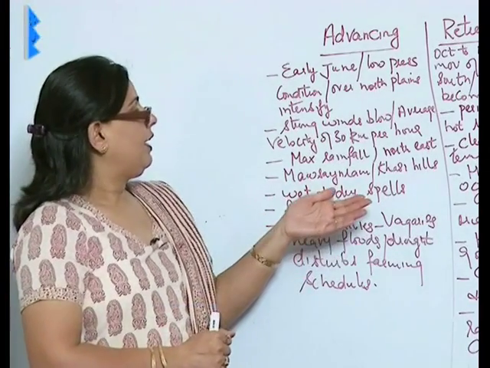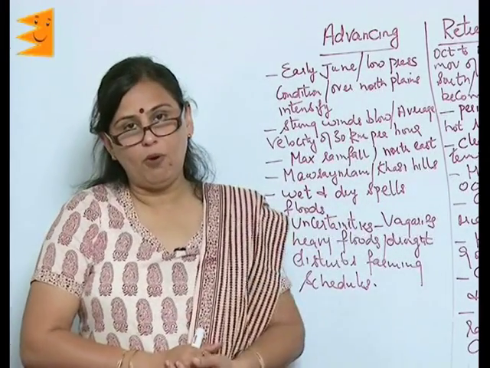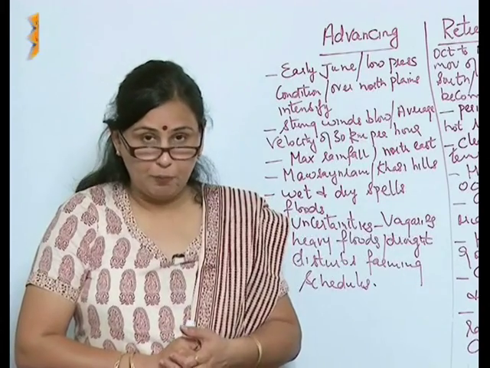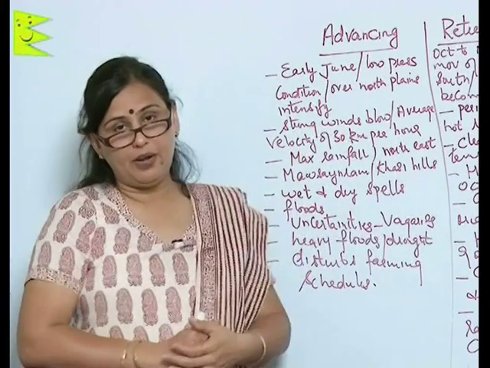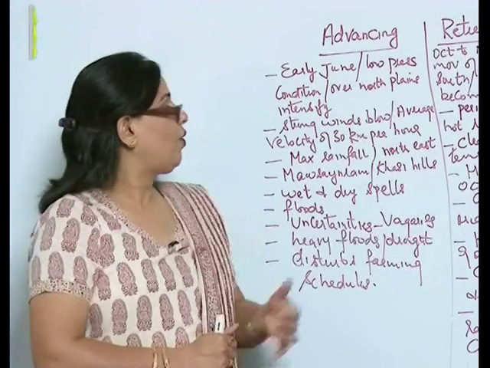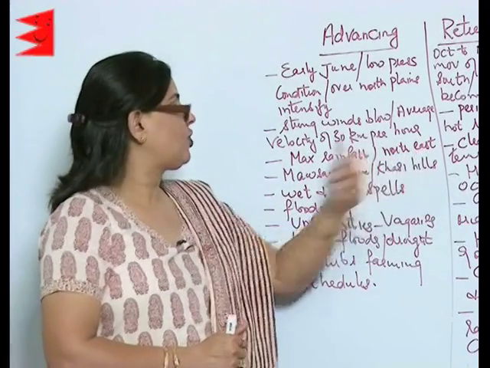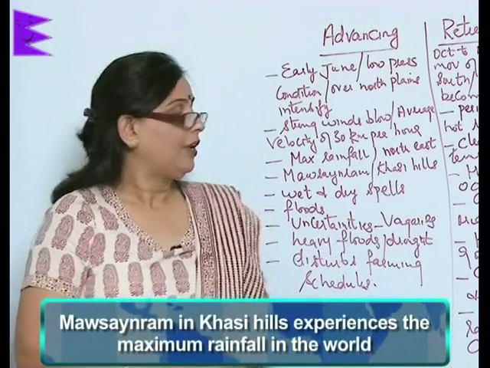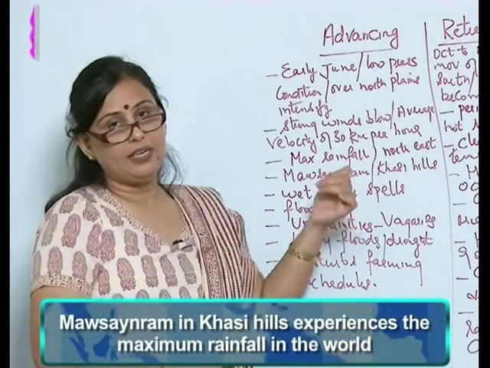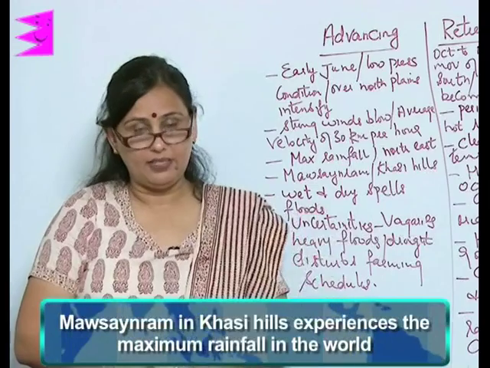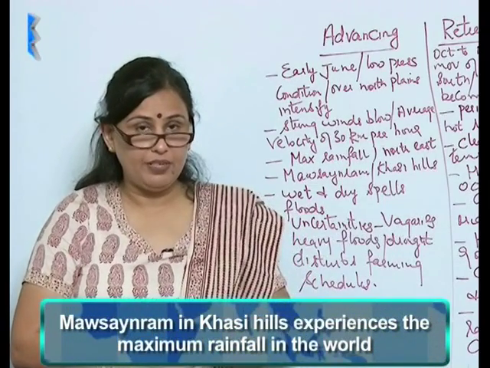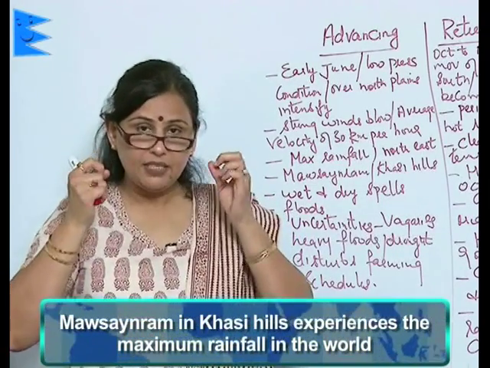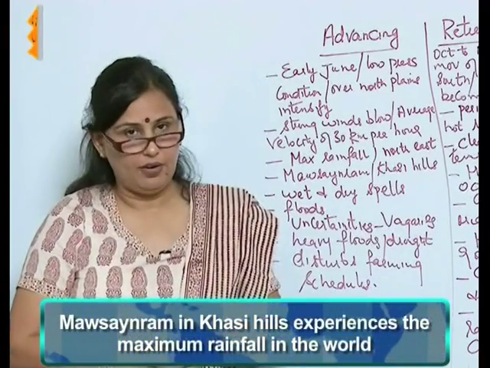Then we see that the maximum rainfall which is experienced during the advancing monsoon is of the northeastern part of India, and Mysinram, which is in fact a place in the Khasi hills, experiences the maximum rainfall in the world.